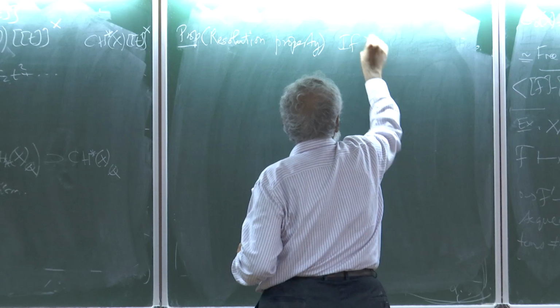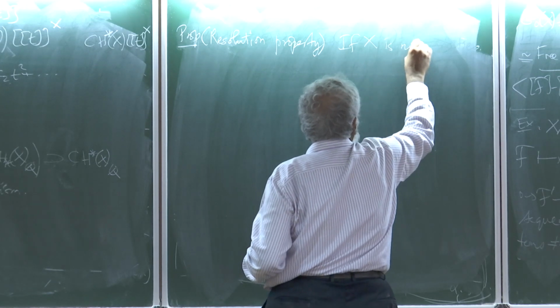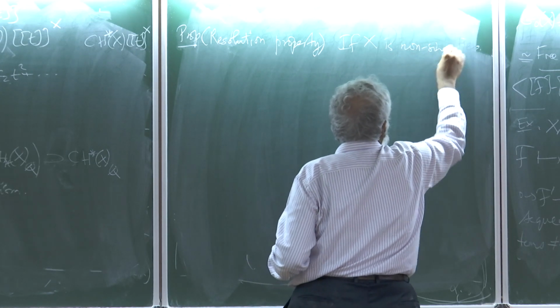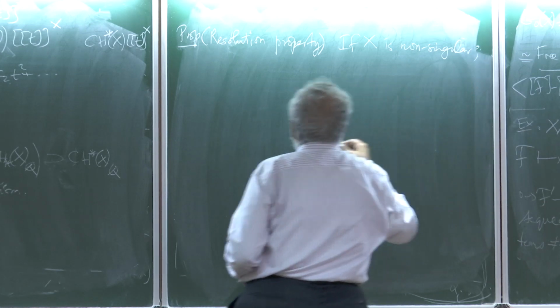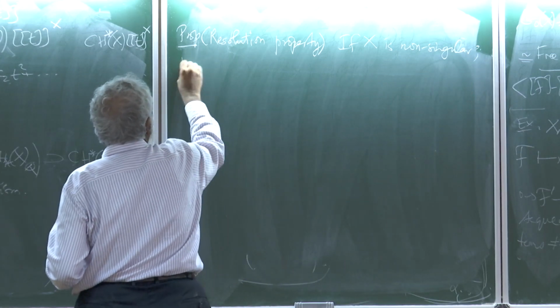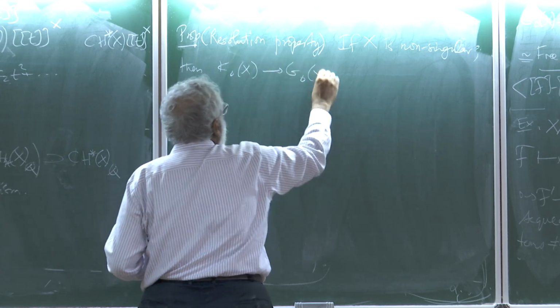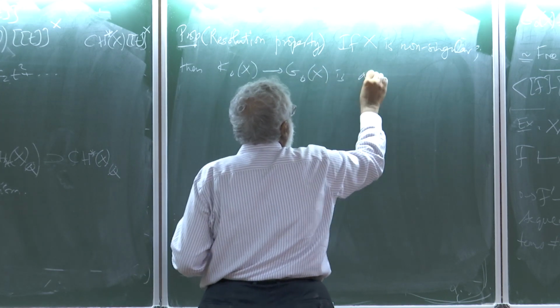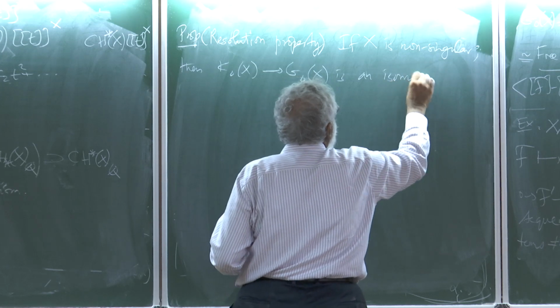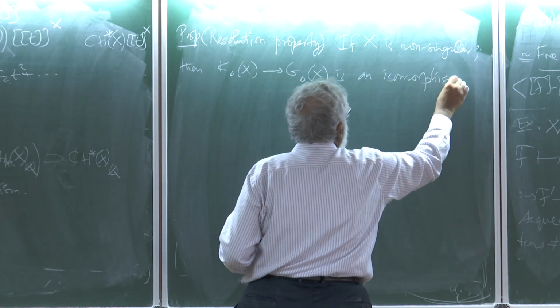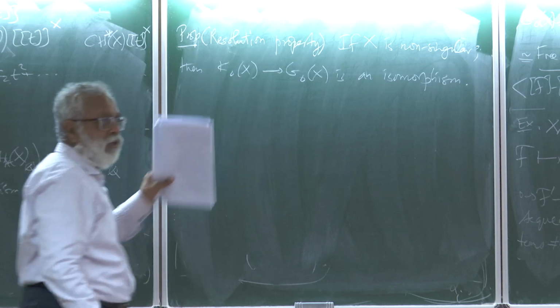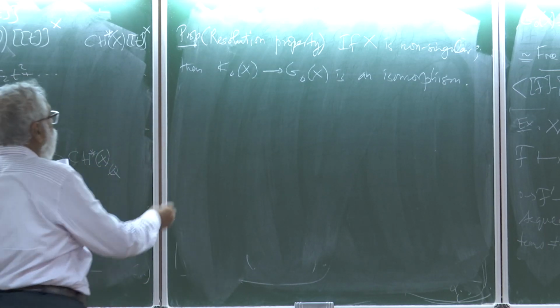If X is non-singular, then K0(X) to G0(X) is an isomorphism. So next time I'll discuss the proof of this, I'll sketch the proof of this.